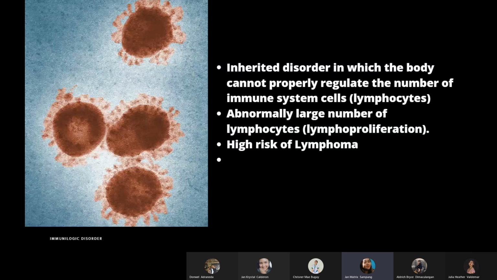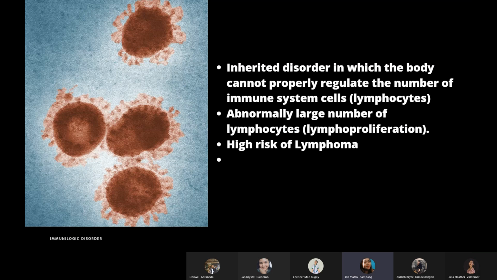Why? Because autoimmune lymphoproliferative syndrome is an inherited disorder in which the body cannot properly regulate the number of immune system cells, or the lymphocytes. It causes an abnormally large number of lymphocytes, called lymphoproliferation.